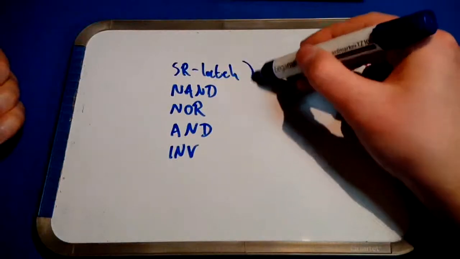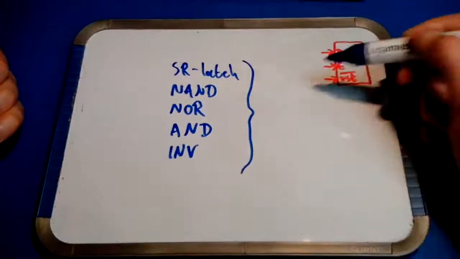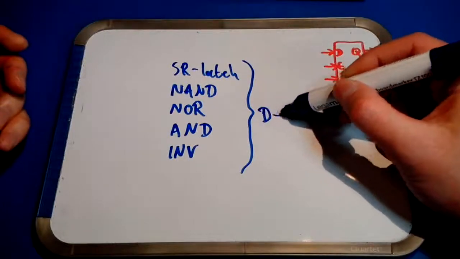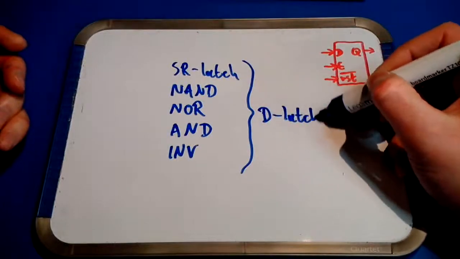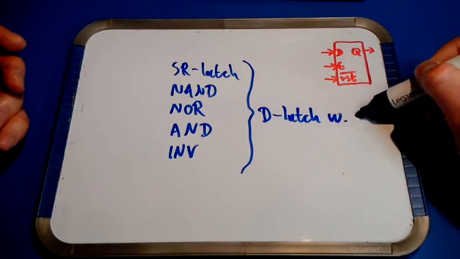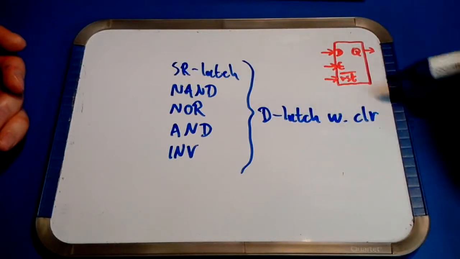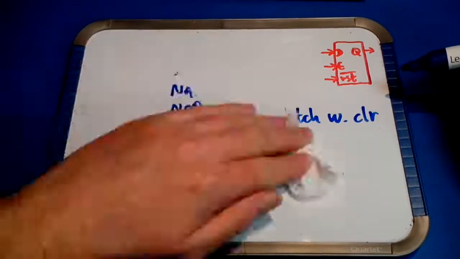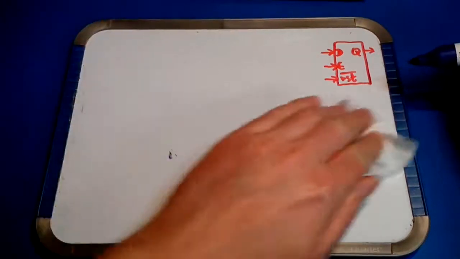Combined, these can form a D latch with a clear input or reset input, same thing. So let's see how this works.